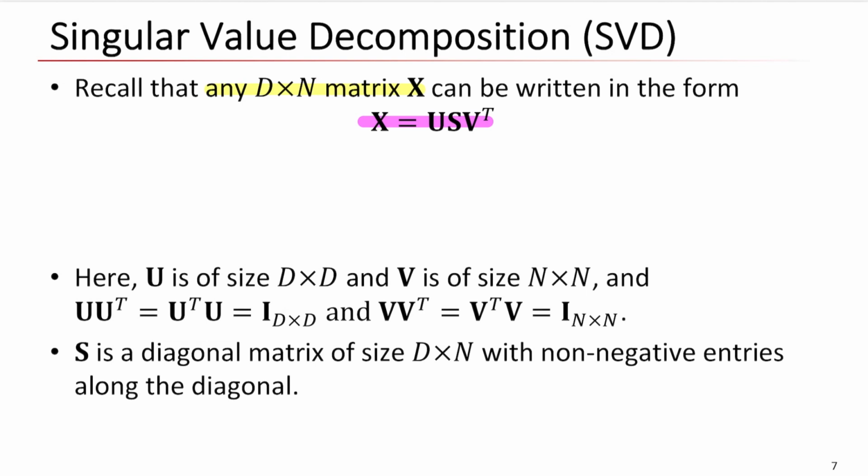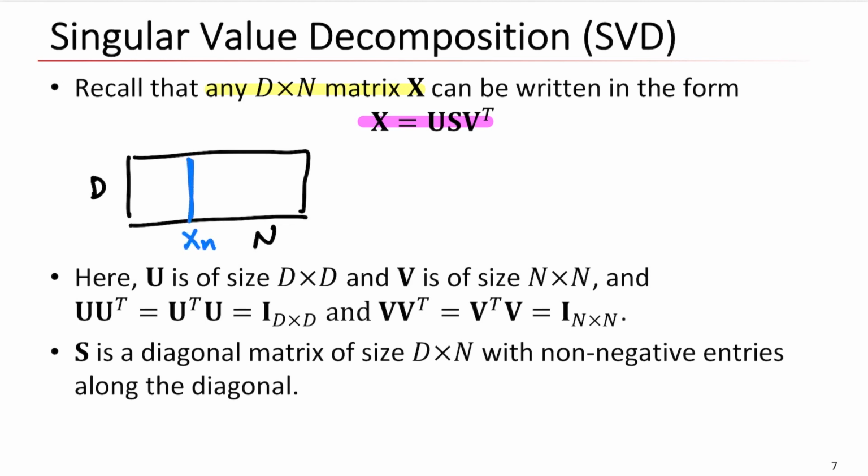Let's say we have a matrix T by N where each x_n is in the R^T space, and this is the large X here.